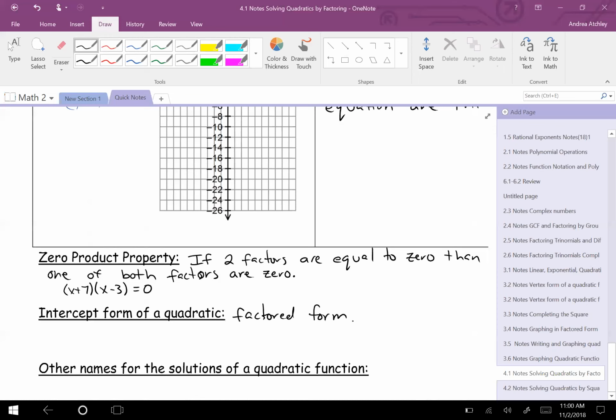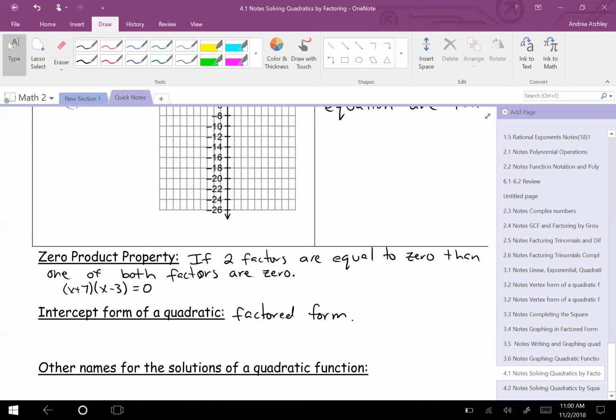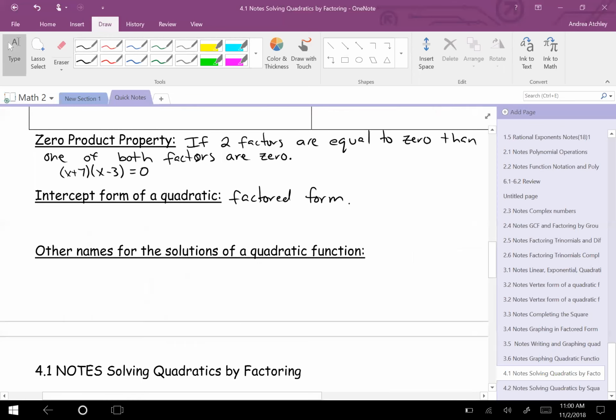Okay, now in math, it's not confusing enough. So we want to make it a little bit more confusing. So we have lots of different names for the same thing. So I need you guys to know all of these names so you're not confused as to what they're asking you to do. Other names for the solutions of a quadratic function. So when they're asking you to solve a quadratic equation, they can also ask you to find the roots.